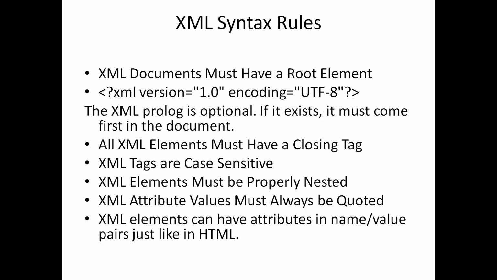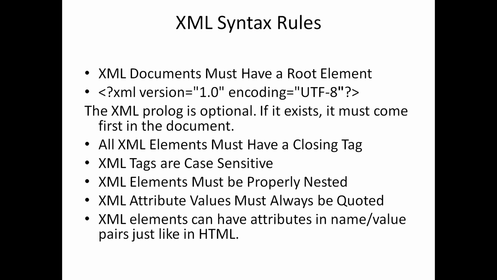So these are all the basic syntax rules of XML. XML documents must have a root element. In the above example, we have given node, right? So that is the root element. Every XML document must have a root element. The XML prologue, that is the version and encoding, is optional.